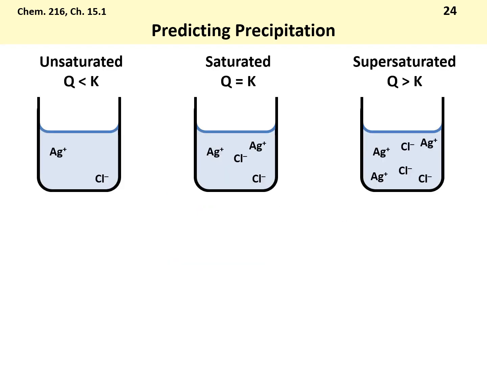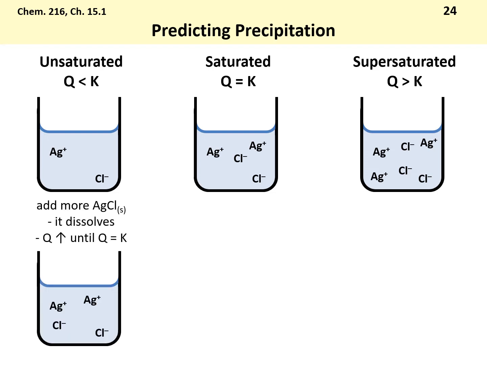All right, let's show this another way. In the middle is a saturated solution. It has the right amount of Ag plus and Cl minus such that Q equals K. On the left is unsaturated. We don't have enough Ag plus and Cl minus. And on the right, we have too much. So what's going to happen if I add more AgCl?